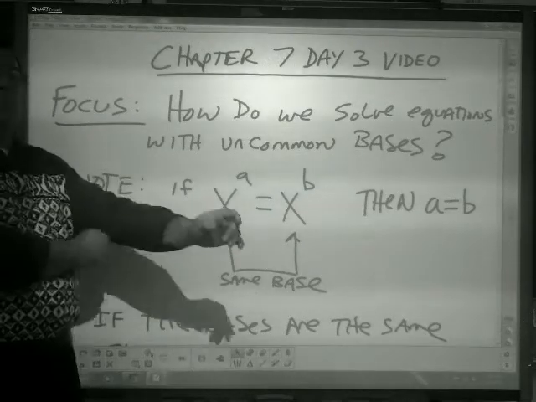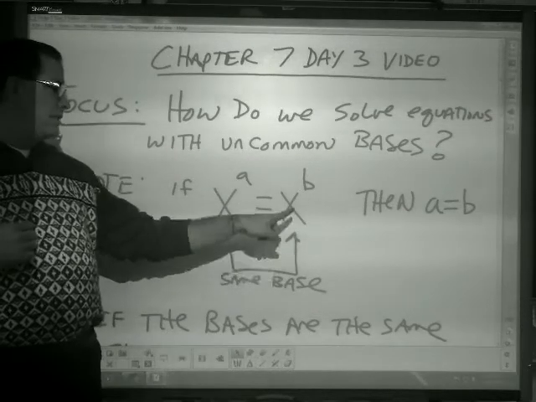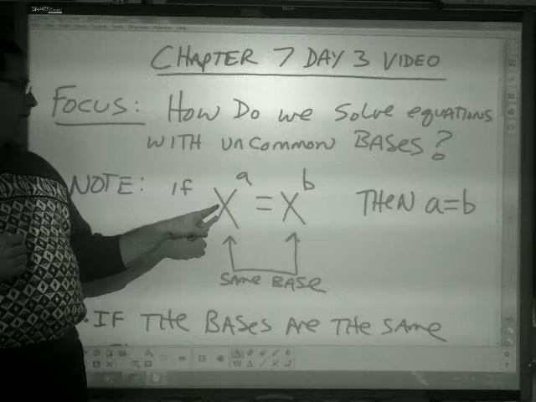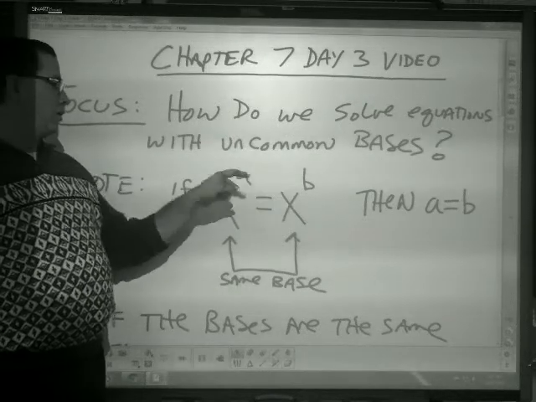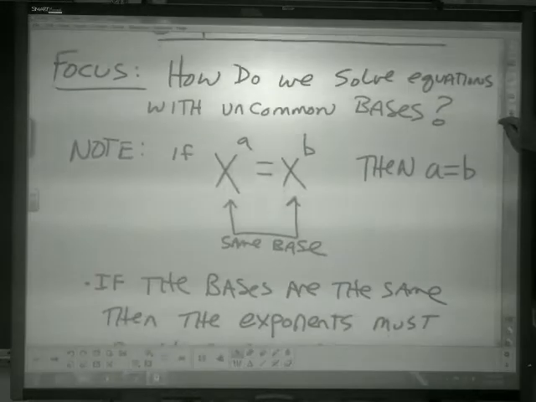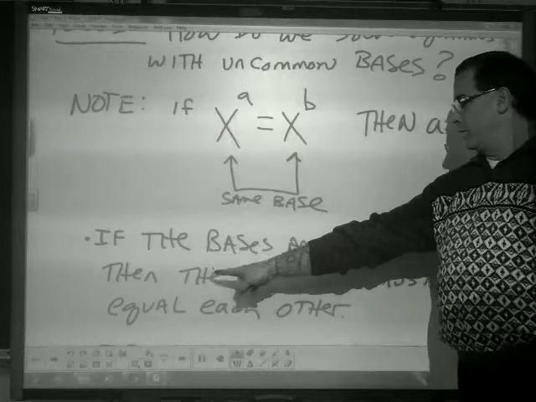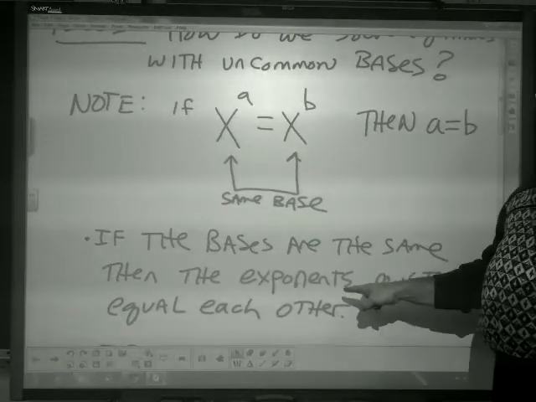It's the only way possible. If these have the same base, then the exponents are equal to each other. So, if the bases are the same, then the exponents must equal each other.